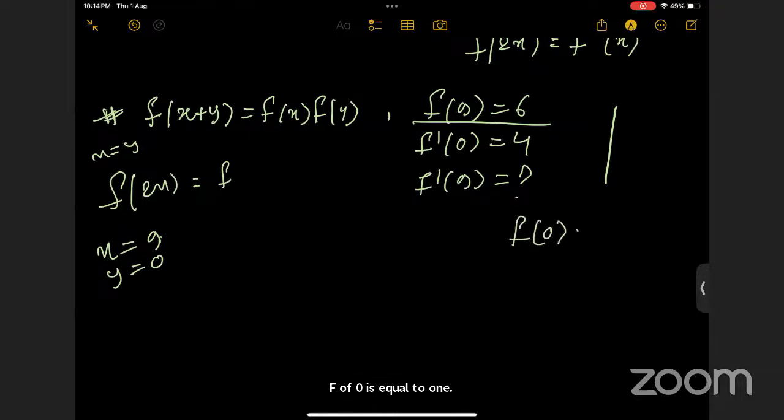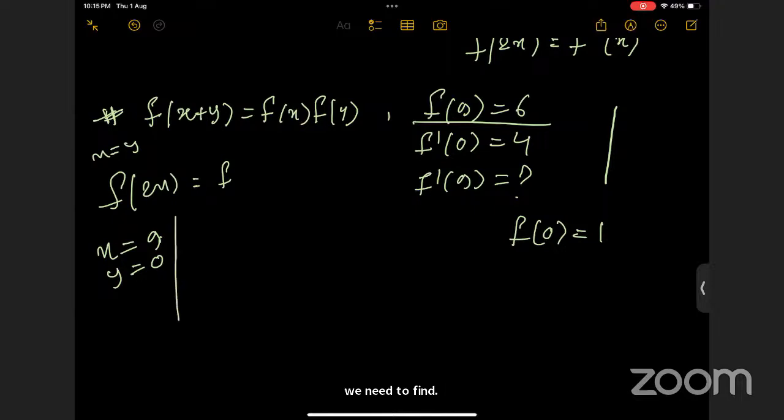Then, when we substitute 9 and 0 in the same equation and differentiate it, we get f dash 9 equals f dash 9 into f0 plus f dash 0 plus f9. We know f9 and f0 both. f0 is 1, f dash 0 is given as 4, f9 is given as 6, and f dash 9 is what we need to find. So we will get the answer 24.